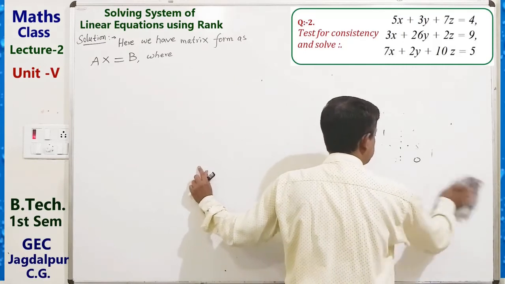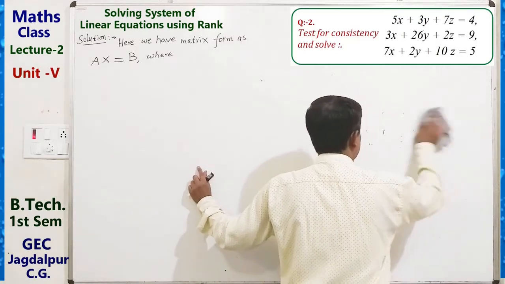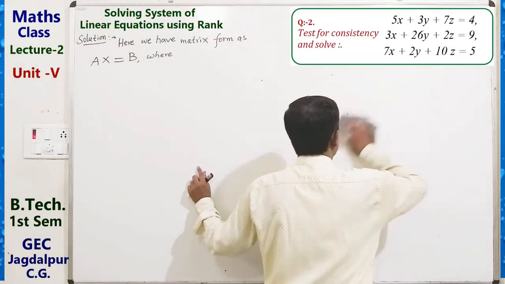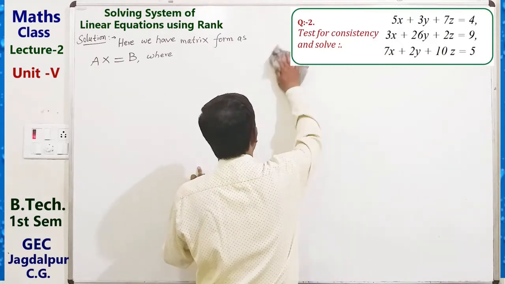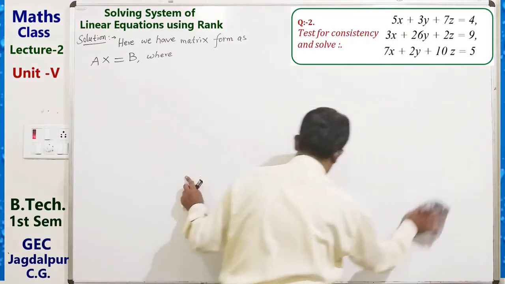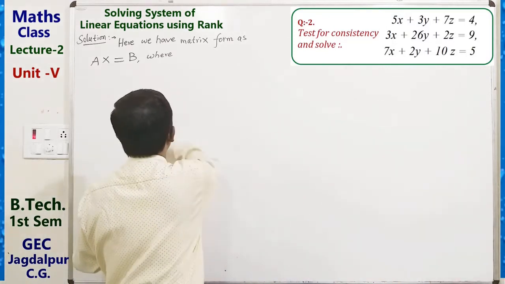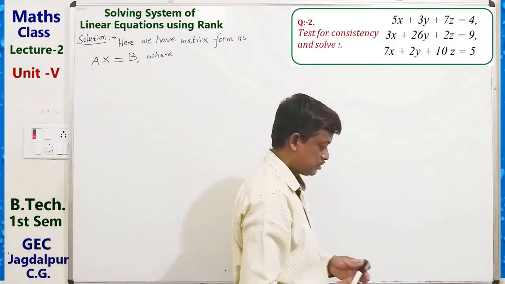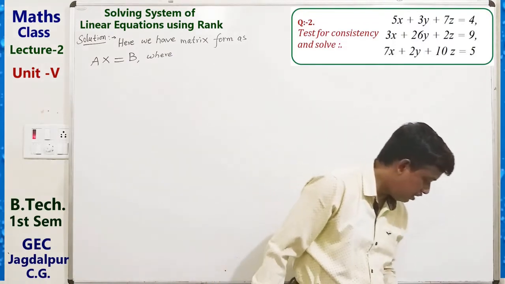Infinite number of solutions means there will be some unknowns with arbitrary values, independent unknowns.